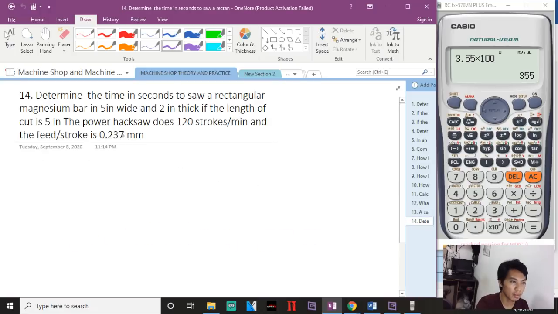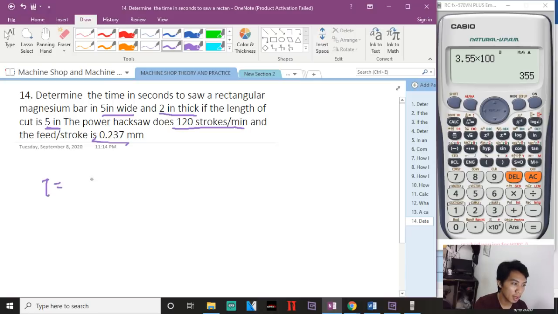Number 14. Determine the time in seconds to saw a rectangular magnesium bar, 5 inches wide and 2 inches thick, if the length of the cut is 5 inches. The power hacksaw does 120 strokes per minute and feed per stroke is 0.237 mm.